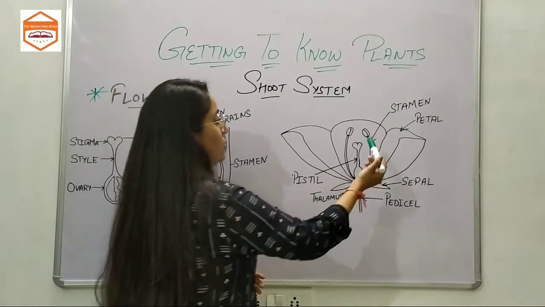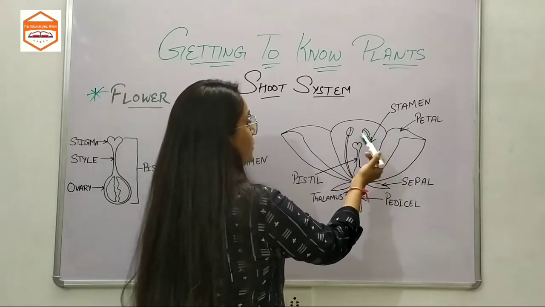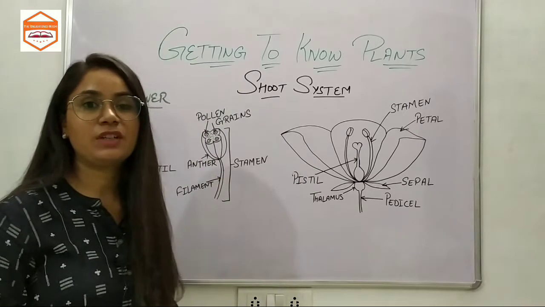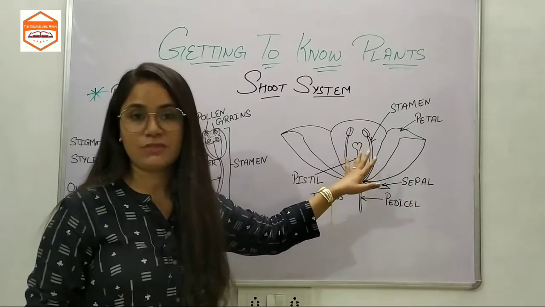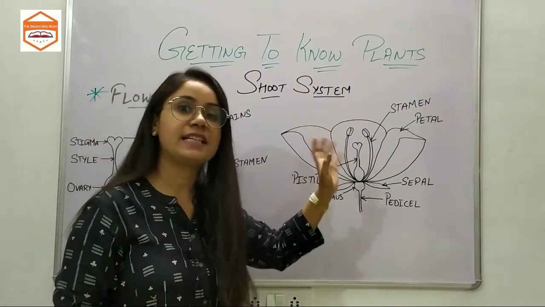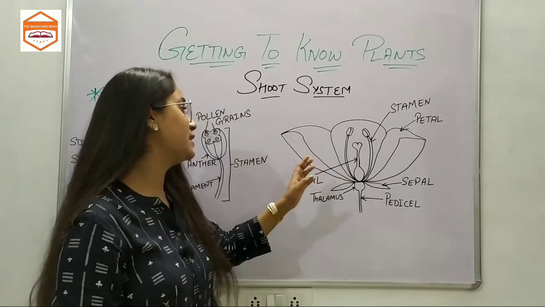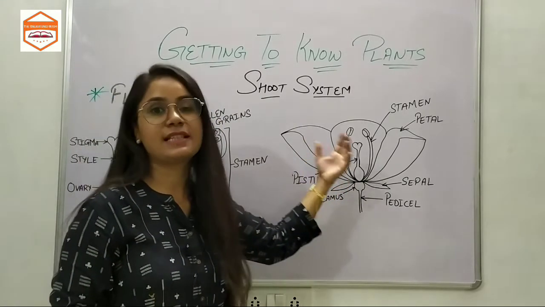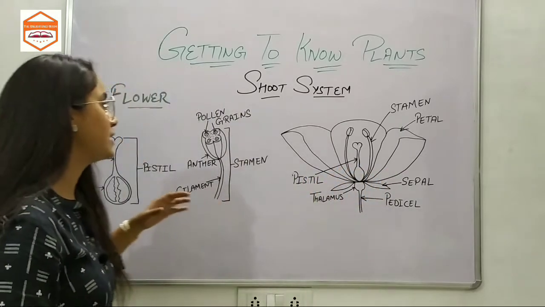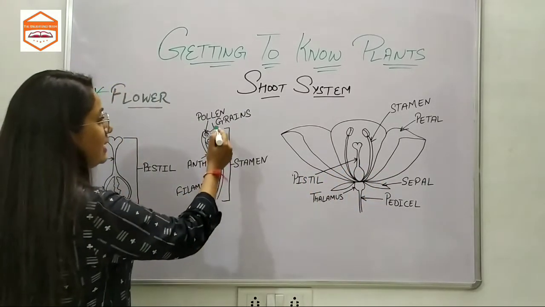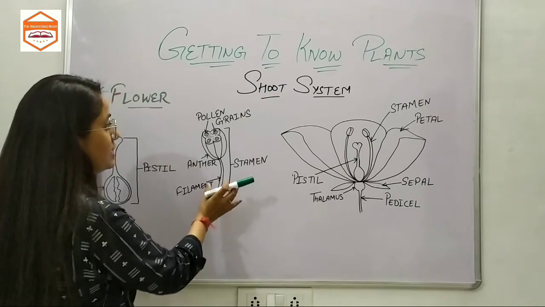If you take a look at this structure, it is known as stamen. Stamen is the male reproductive part of the flower, which is found at the center of the flower. It is found in 2 to 6 in number.